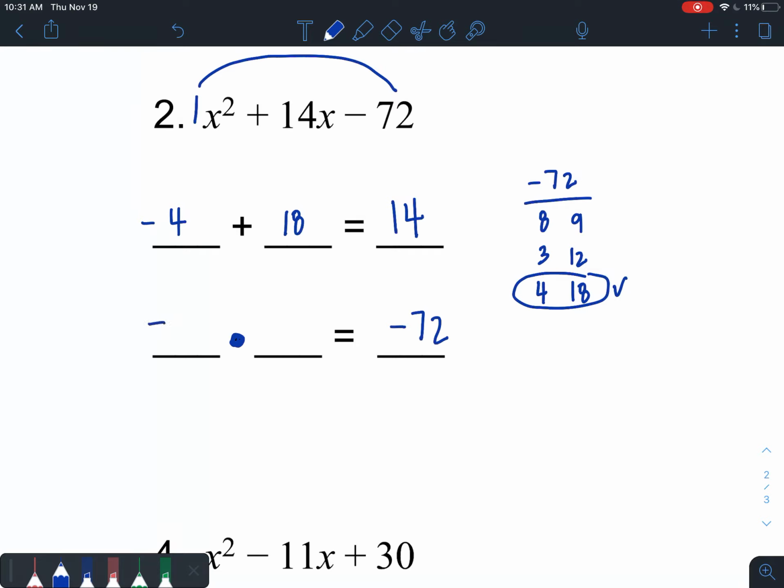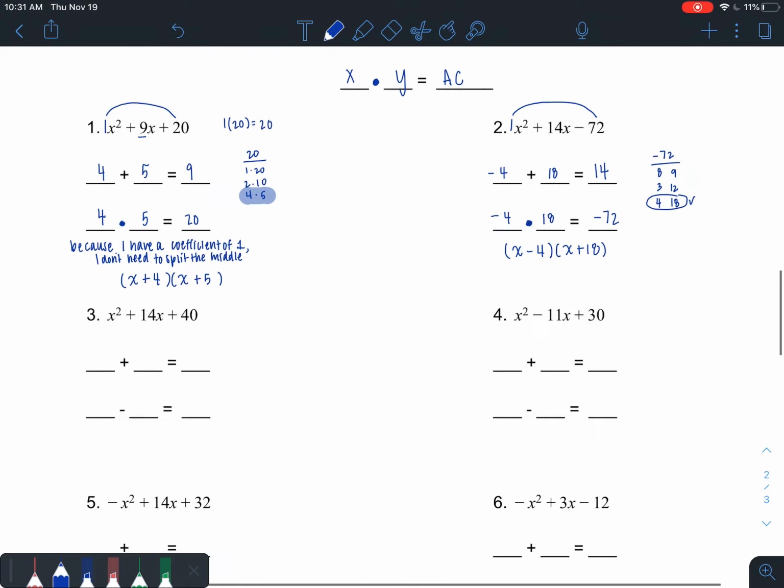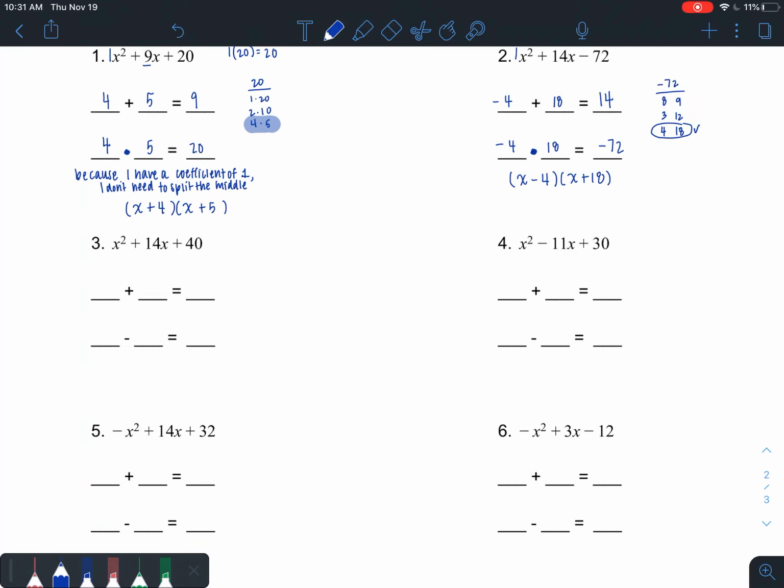So that's the correct combination. So the negative 4 times 18 is in fact negative 72. Because we have a coefficient of 1, we can write our answer as x minus 4 times x plus 18.